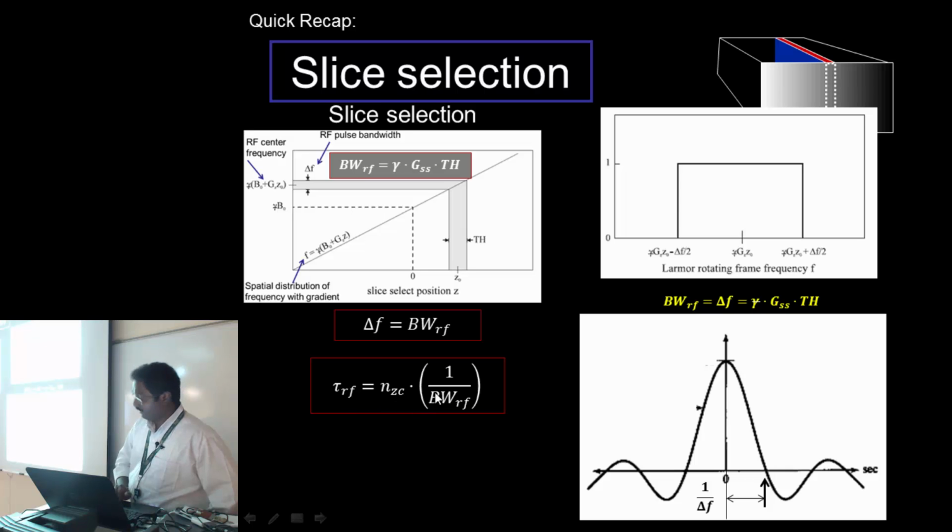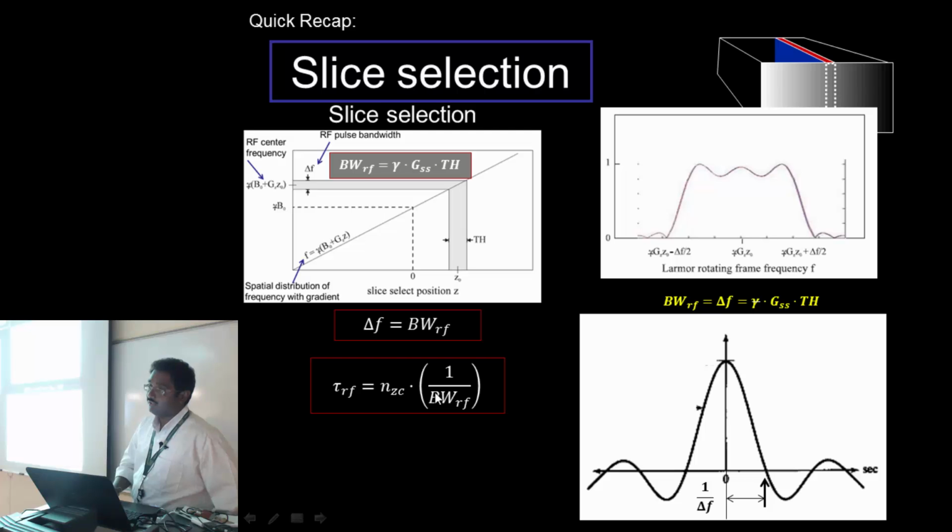How good of a profile you get is a function of how many zero crossings you have in your RF pulse. So for a realistic RF pulse length, you would get something like this. Ideally, if you have an infinitely long RF pulse, that's what you would get.